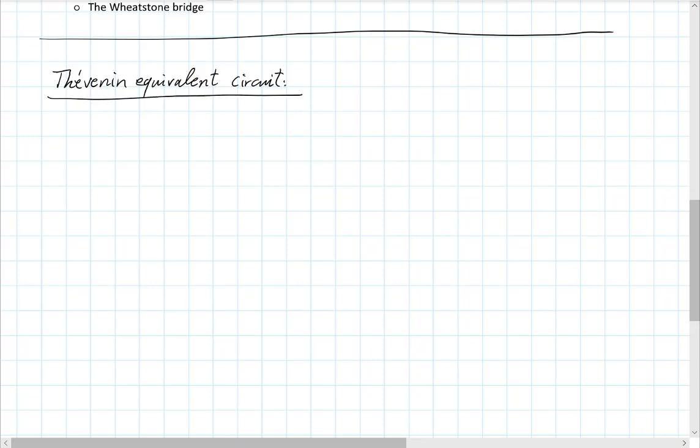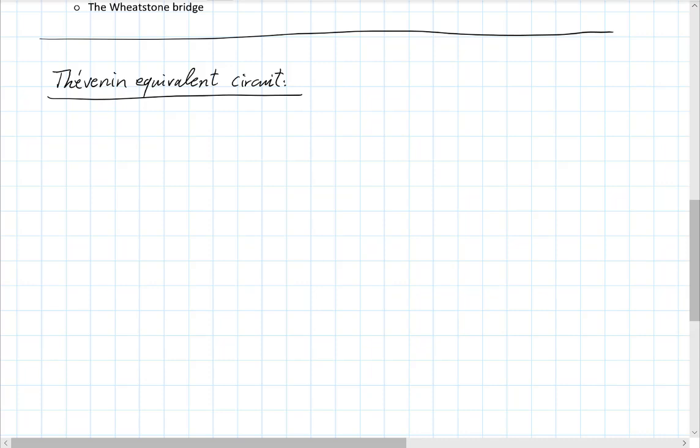So there is a theorem that says if you have a linear circuit, now recall what a linear circuit was, a circuit that comprises linear elements, linear relationships. And so in this particular case, we are limiting the discussion to resistors, sources, independent sources, voltage and current, as well as dependent sources that again have linear relationships.